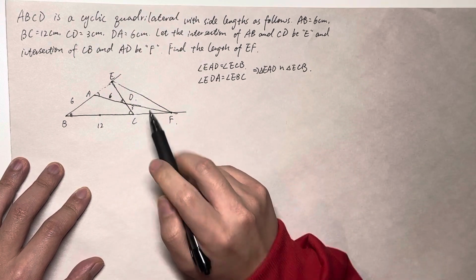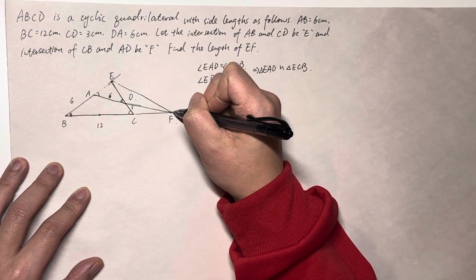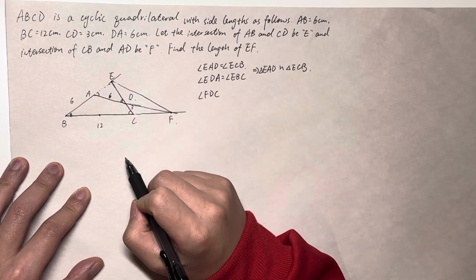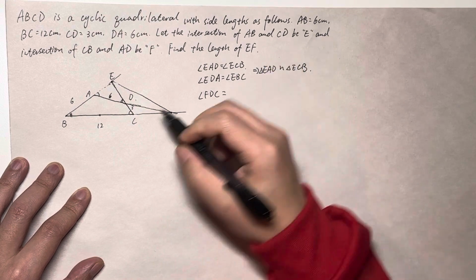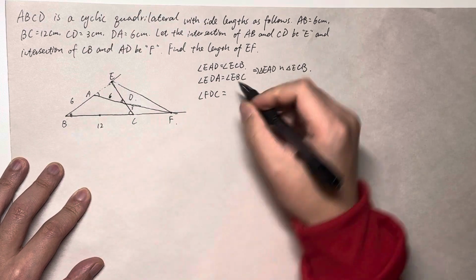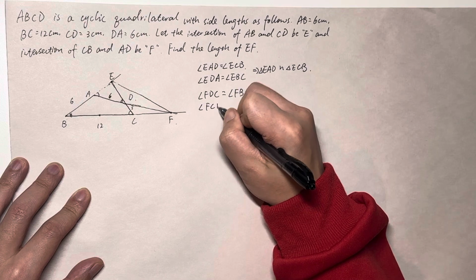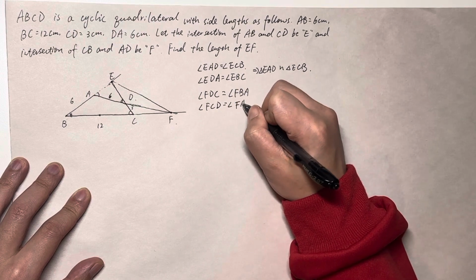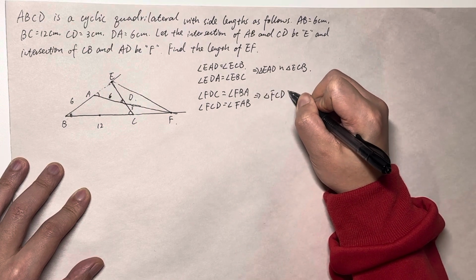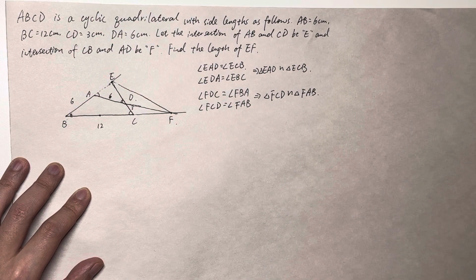Look at this angle. Angle FDC equals this angle, equals angle FBA, and angle FCD equals angle FAB, which means triangle FCD is similar to triangle FAB, right?